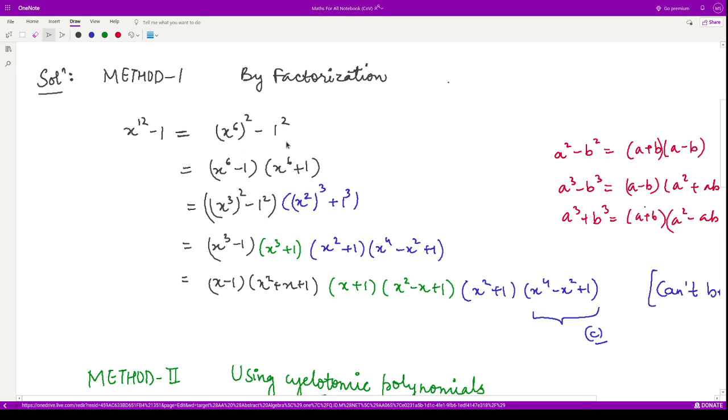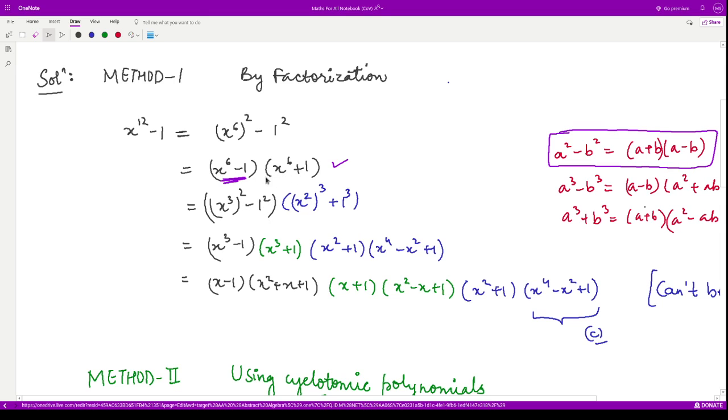And now we can apply this formula: a square minus b square is equal to a plus b and a minus b. So this comes out to be x to the power 6 minus 1, x to the power 6 plus 1. Again, you can write this factor as x cube squared minus 1 square.